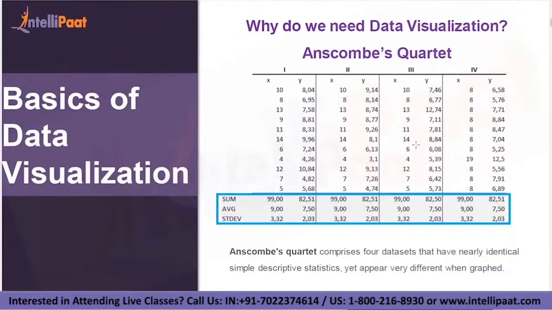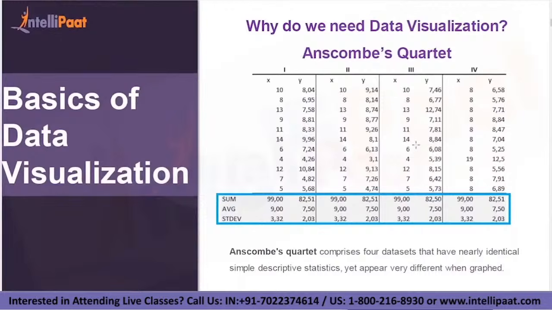If you look at all these four data sets and their basic stats, like the average, standard deviation, and so on, you will see that they have almost similar values. The sum for x is 99, for y is 82.51, the average for x is 9, like that.